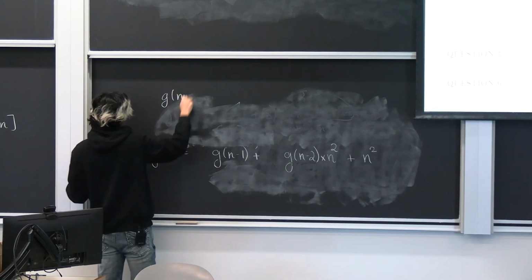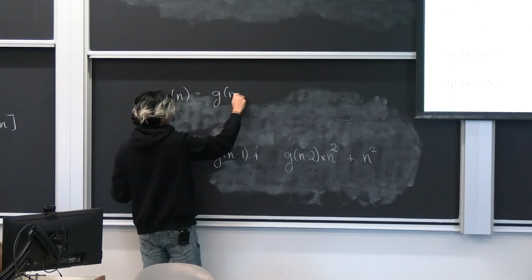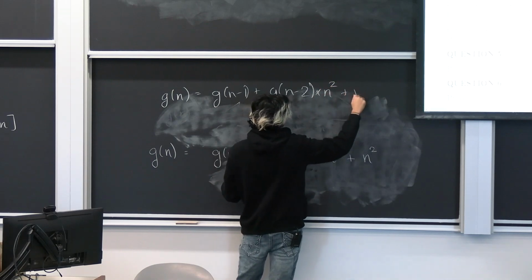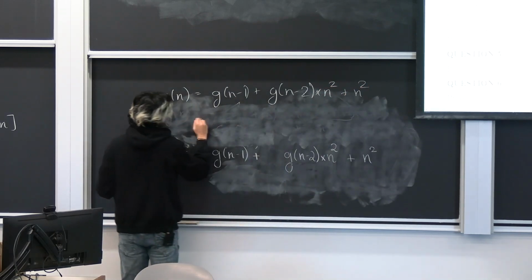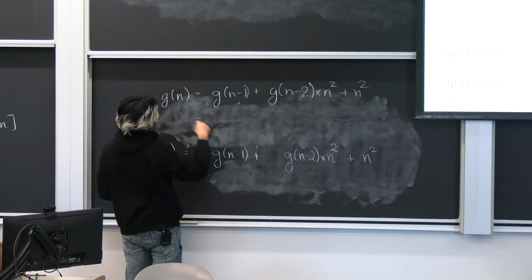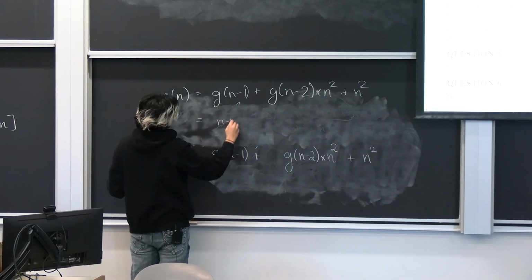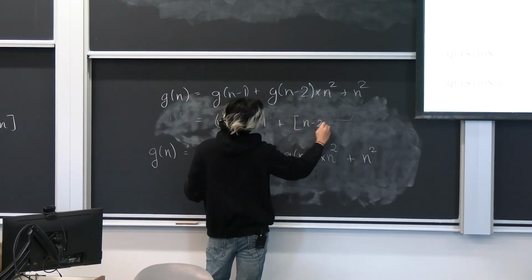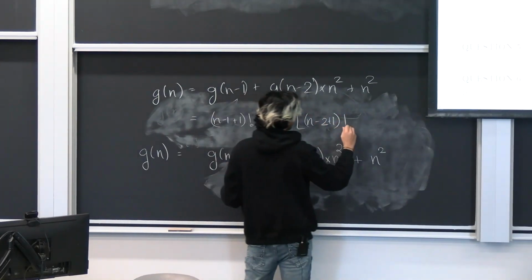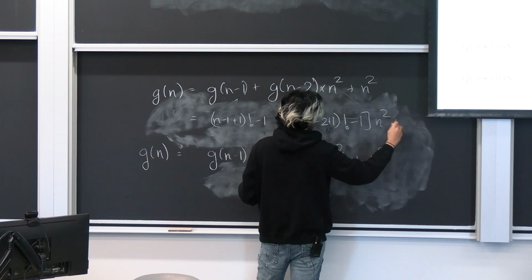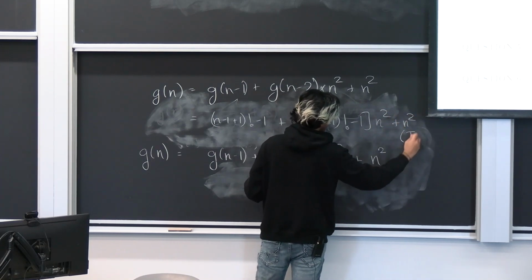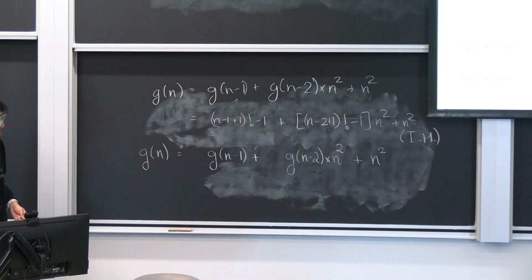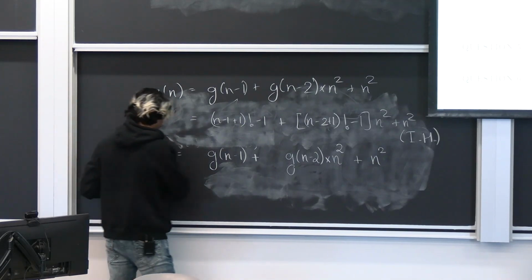So we start with the left-hand side, and now we apply the induction hypothesis to claim that this is n minus 1 plus 1 factorial minus 1 plus n minus 2 plus 1 factorial minus 1 times n squared plus n squared. This follows from the induction hypothesis. And then hopefully simplifying this will get you the right-hand side. Let's try it out.